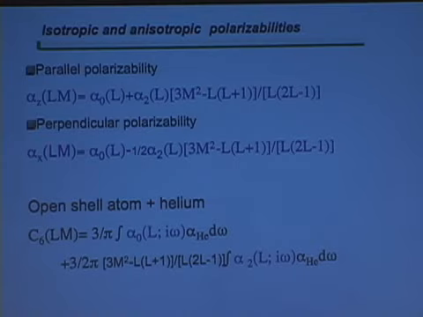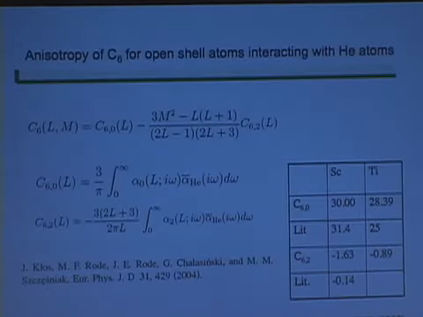And then C6 can also be further expressed as a function of C60, which is isotropic, and C62, which is anisotropic. They can be obtained from alpha 0 and alpha 2 of the open shell atoms.